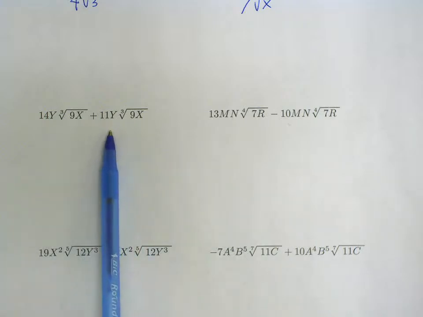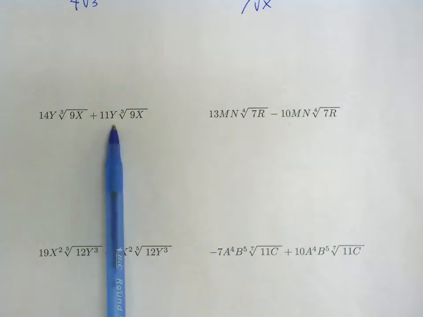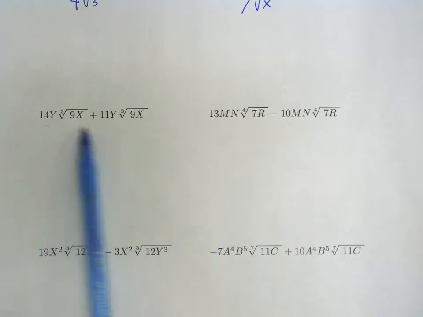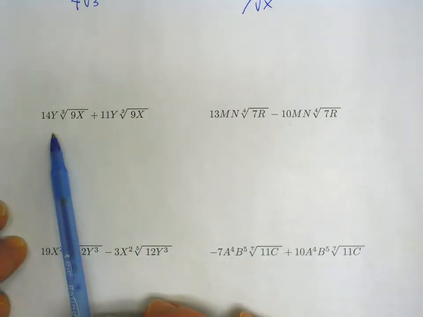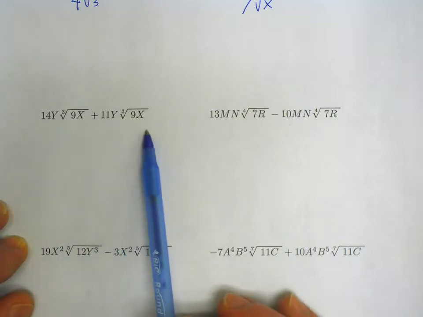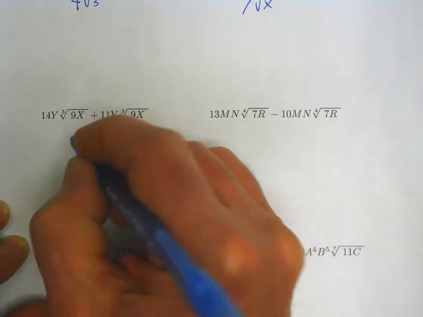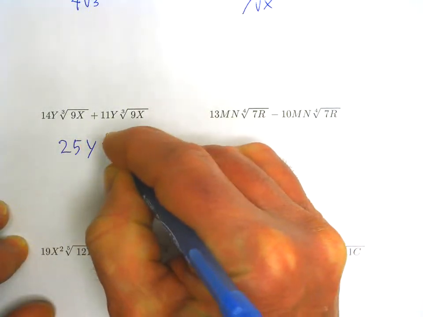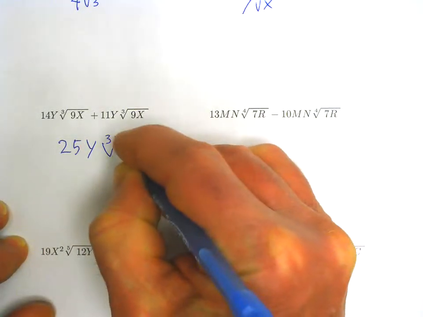Notice also that outside of each of those two radicals is the factor y. So these terms are like terms, so we can combine them by adding. 14y times the cubed root of 9x plus 11y times the cubed root of 9x is a total of 25y times the cubed root of 9x.